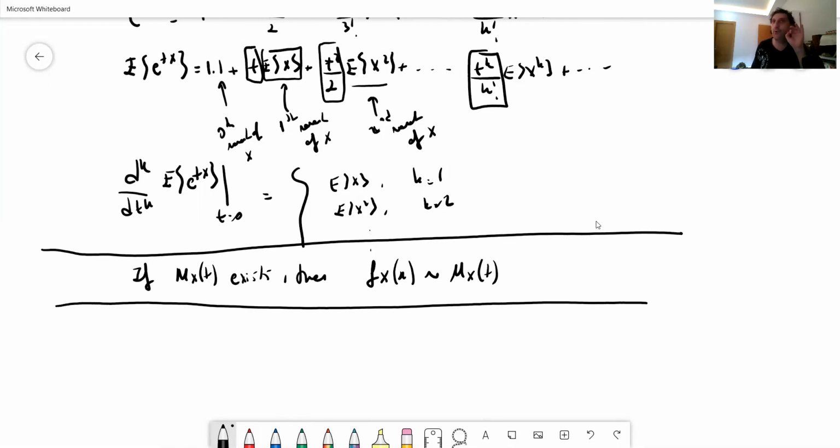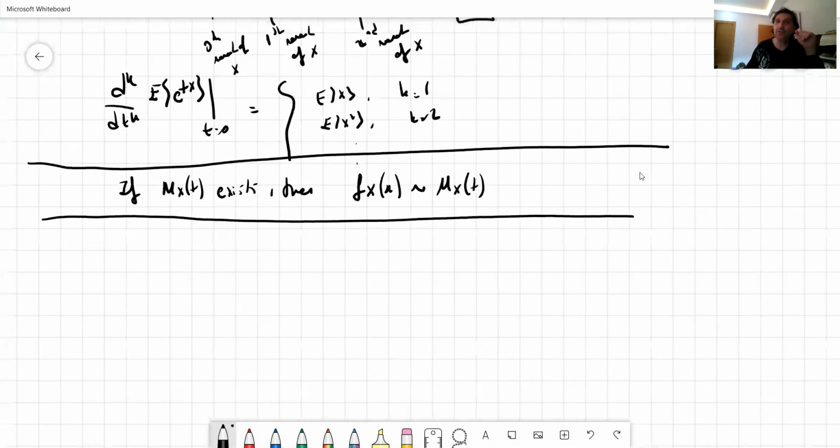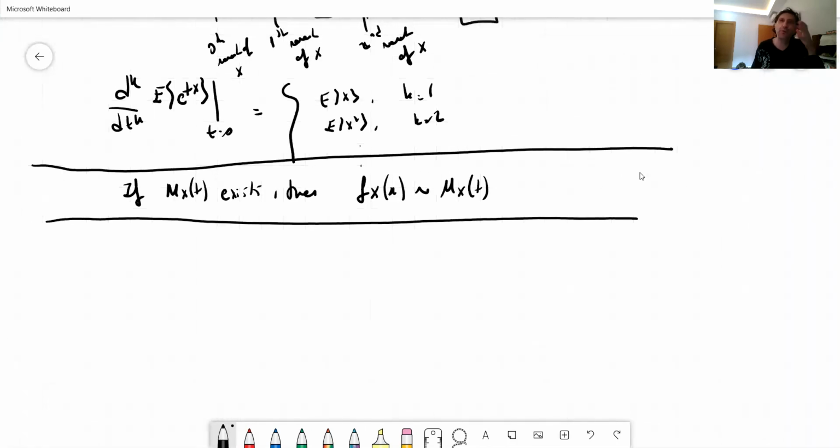That's going to be an important property, because what we are going to do is transform the probability density function to the domain of the moment generating function, do calculations there, and then back transform it to the probability density function domain, if that is the correct phrase.